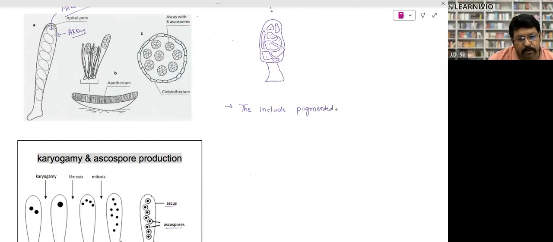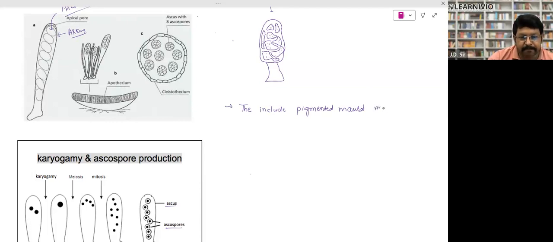Pigmented mold. Normally, you must have seen that fungi are of white color, like the color of the mushroom. But there are fungi which belong to this kingdom. They are colored. That's why we call them pigmented mold. Mold means fungi. Pigmented means colored. So they are called pigmented molds, right?